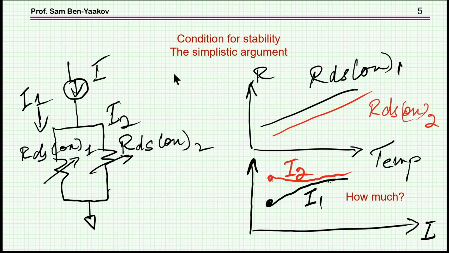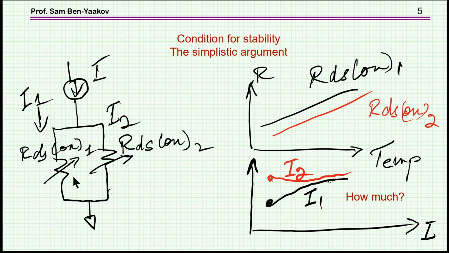Now, in a simplistic explanation, we are saying that good current sharing, which leads or should lead to an equal temperature between the junctions, comes from a positive temperature coefficient of RDS(on).